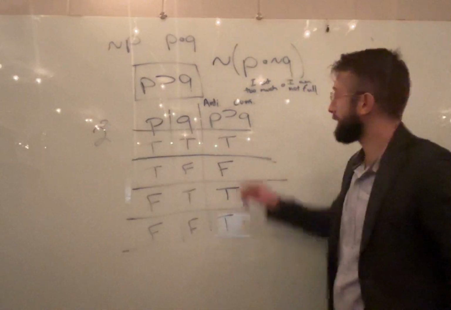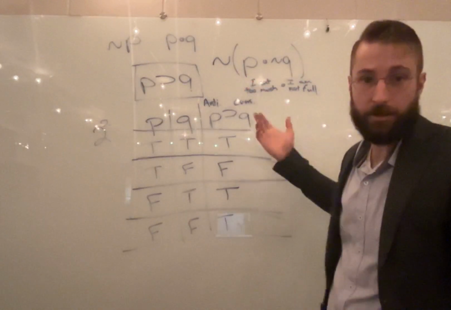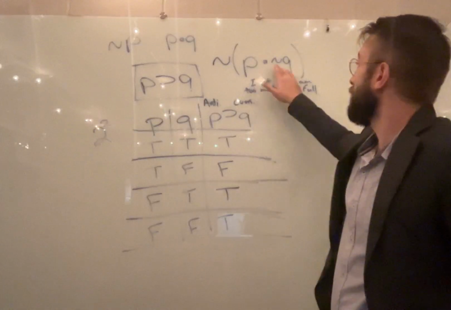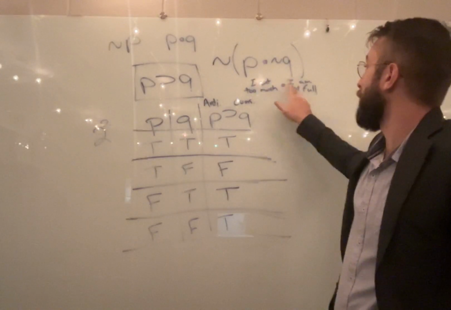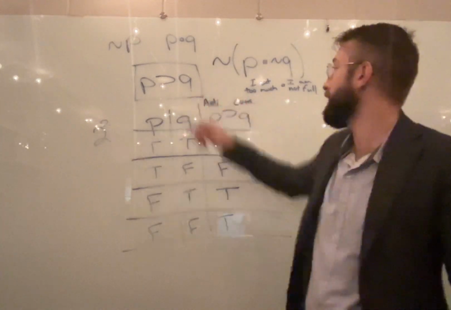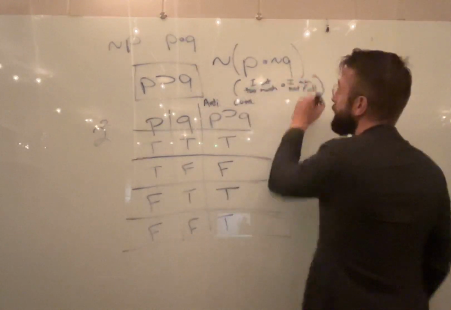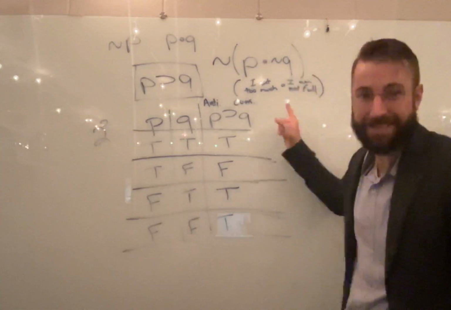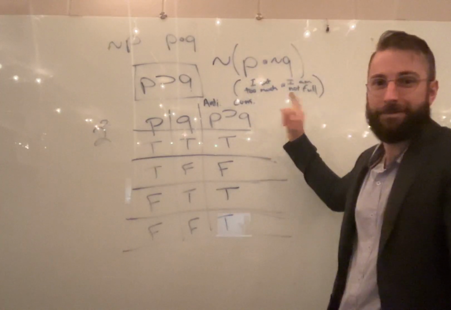Let P stand for I ate too much, and Q stand for I am full. Not Q would be I am not full. And so if P then Q basically means that you cannot have these two things true at the same time. Okay?